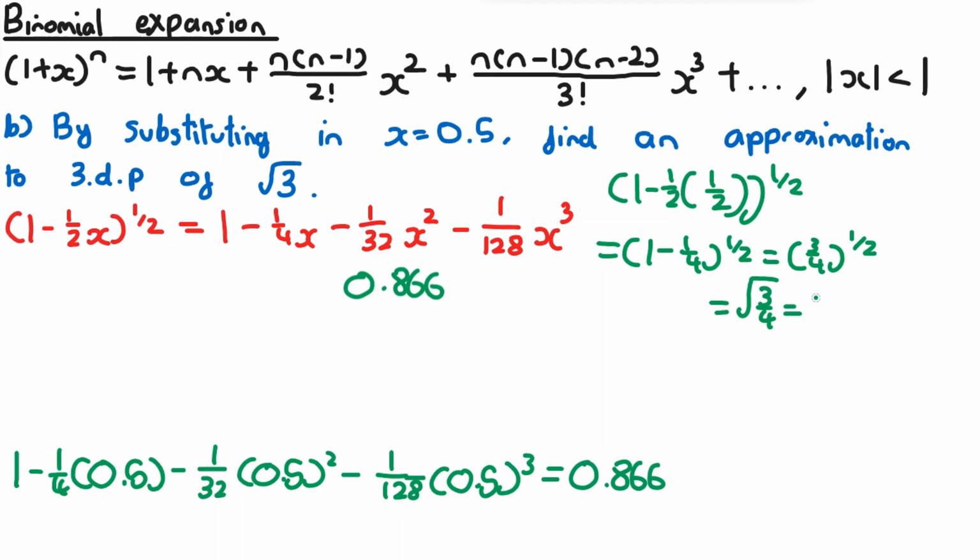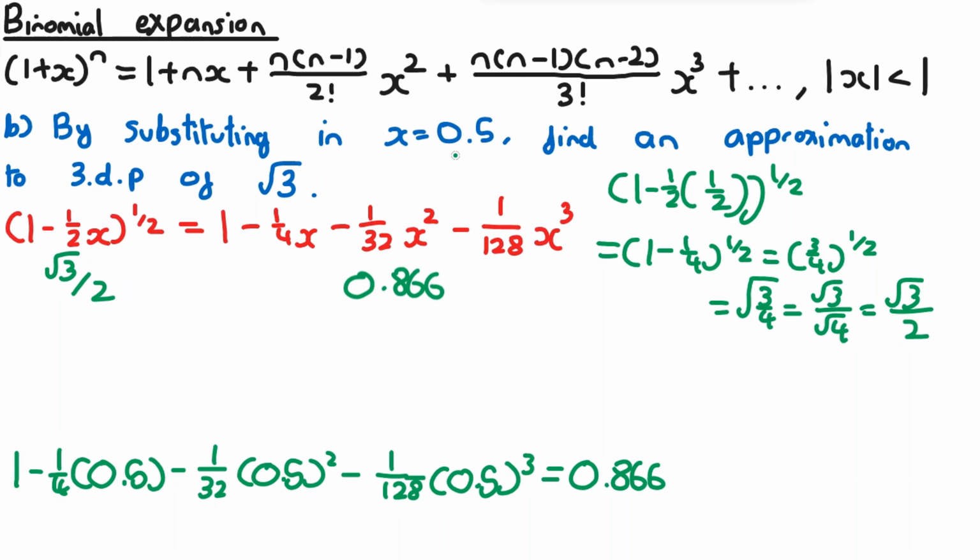And we can split up the square root into root 3 over root 4, which is equal to root 3 over 2, since root 4 is 2. So when we sub x is equal to 0.5 into this bracket here, we get out the value of root 3 over 2.